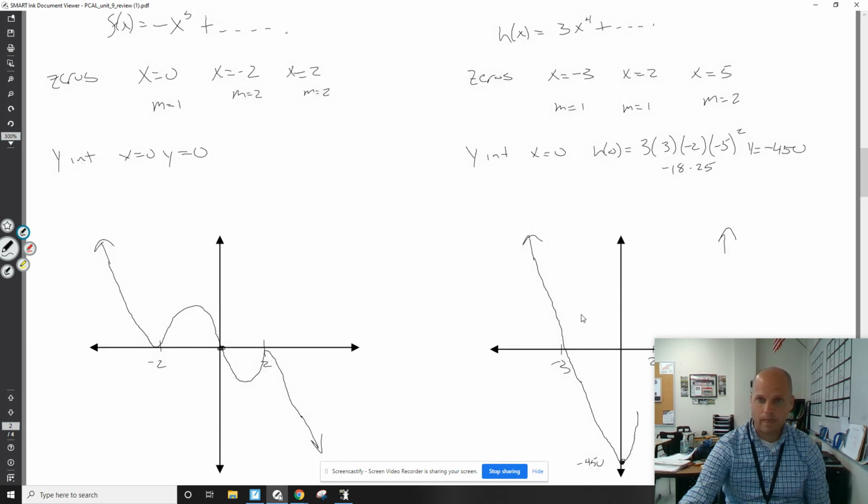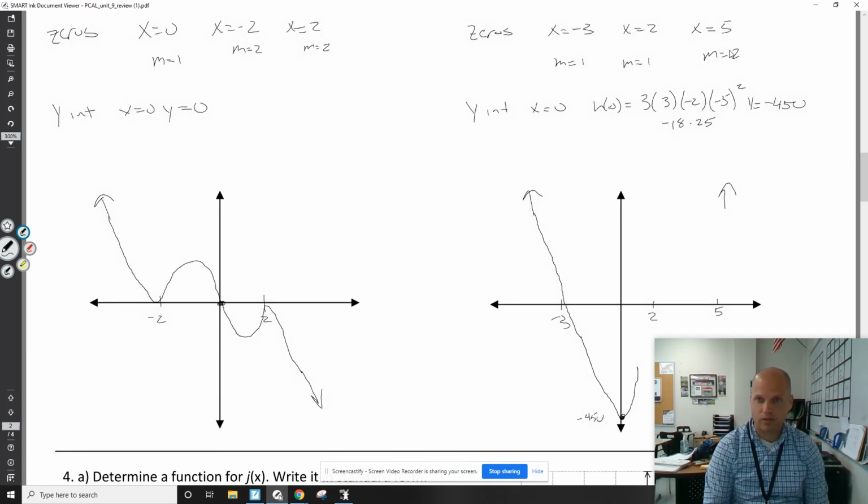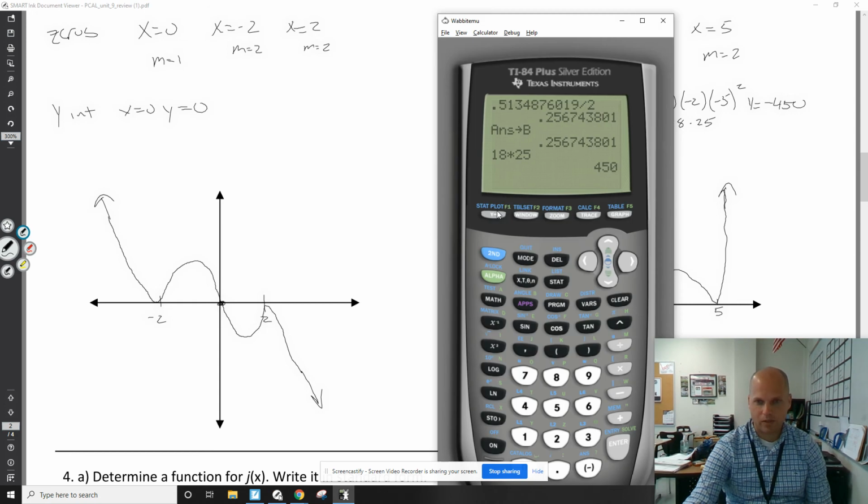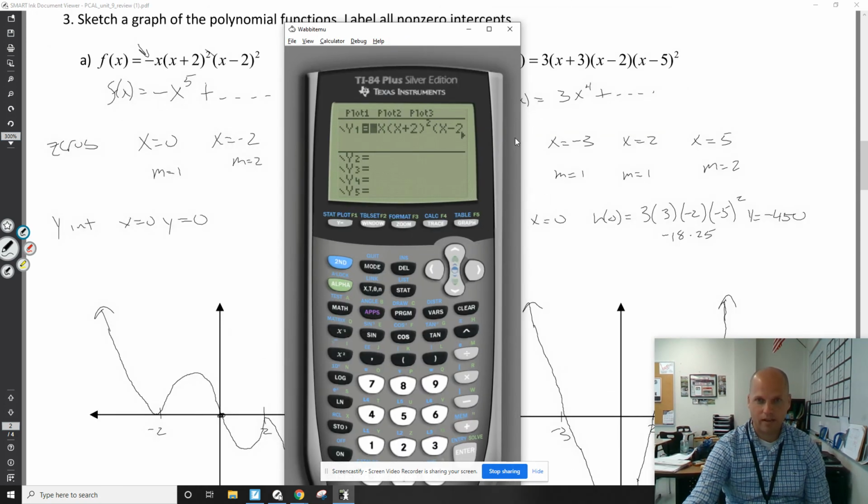Pass through -2, or pass through +2, bounce off of 5. All right. It's probably going to be a little bit more extreme than that if I graphed. You'll see like sharply going through things.